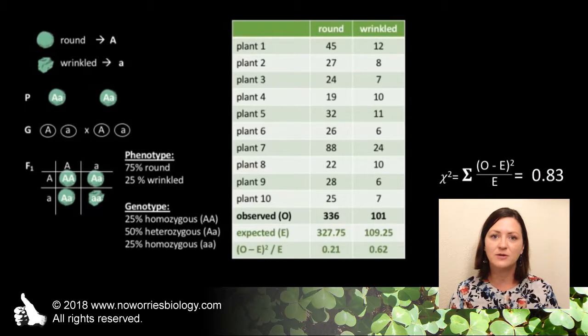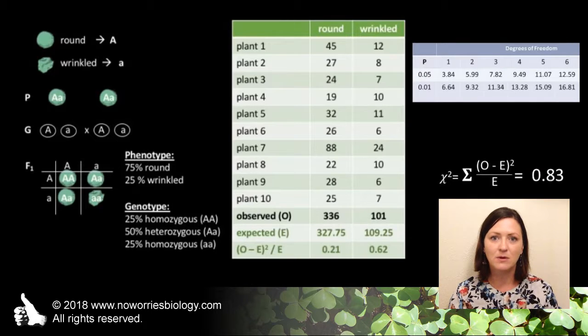The critical value provided in the chi-square table for 1 degree of freedom and a p-value of 0.05 is 3.84. Our value for chi-square, 0.83, is much smaller than the critical value provided in the chi-square table, 3.84. Therefore, with a certainty of 95%, we can say that the data Mendel collected in his pea experiments supports his hypothesis.